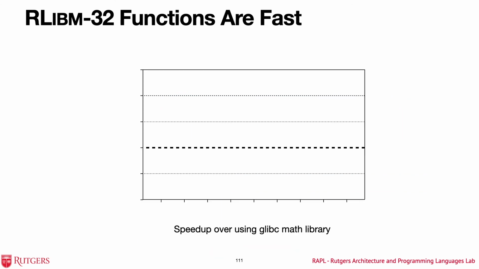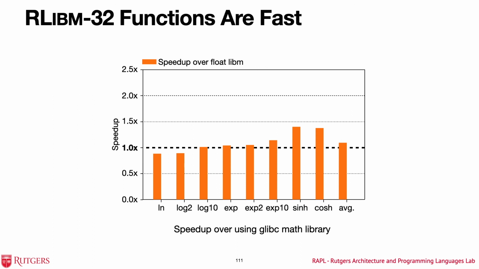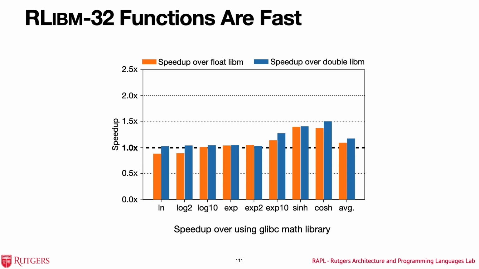Our experimental evaluation also shows that RLibm32 is fast. For each elementary function, this graph shows the speedup of RLibm's float math library functions against glibc's math library. Speedup over 1x indicates that RLibm32 functions are faster. On average, RLibm32 has 1.1x speedup over glibc's float math library and 1.2x speedup over glibc's double math library.